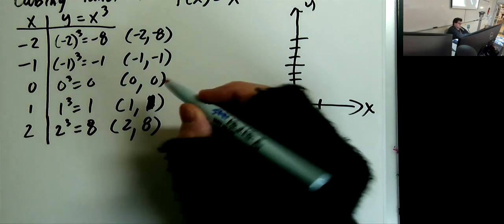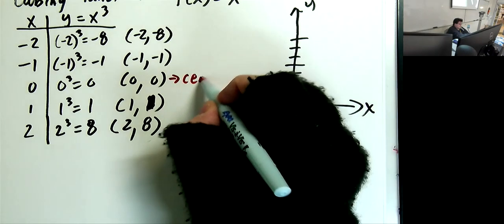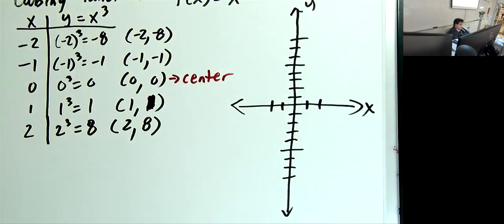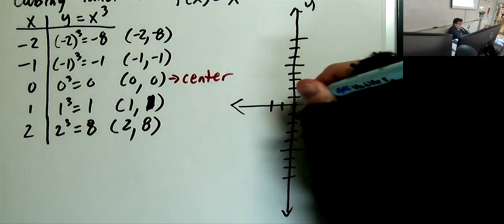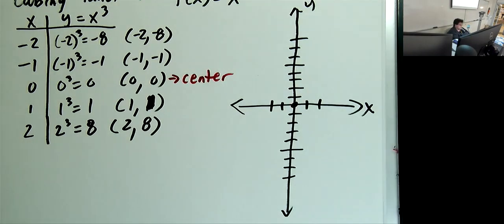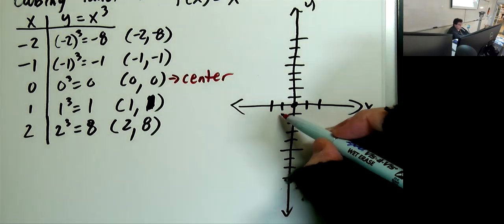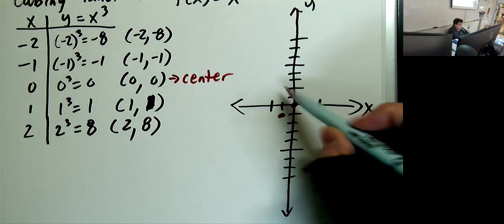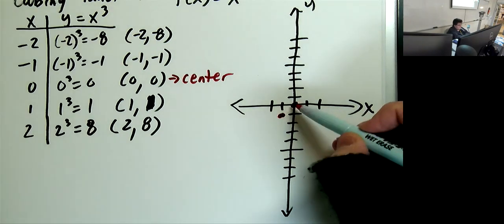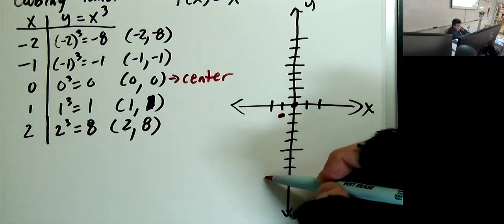Again, I'm going to treat this as my center idea and work outwards from there. So if I go left, I've got to go -1, -1: left 1, down 1. And if I go to -2, -8, I go left 2, down 8.